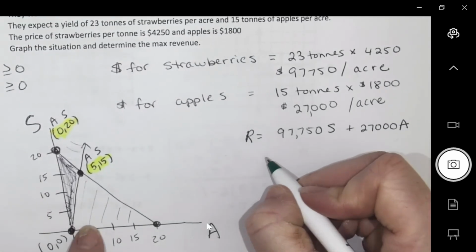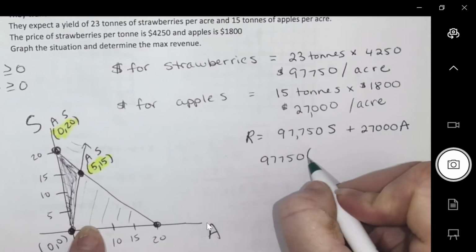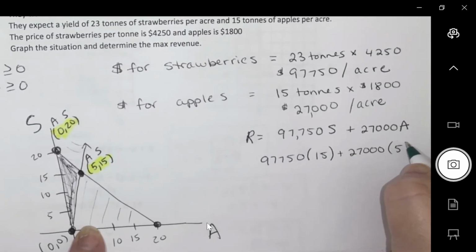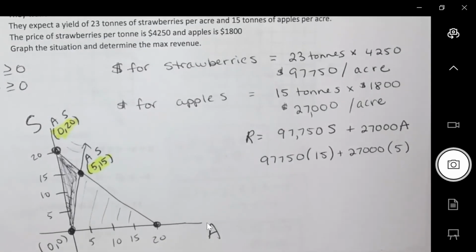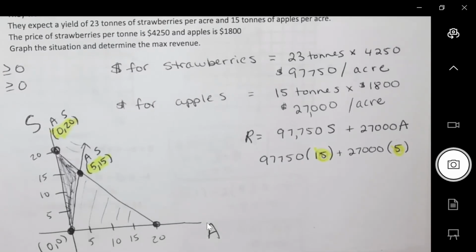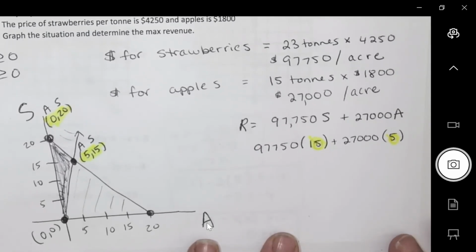Okay, so I'm going to plug it in. So I plugged the 5 and the 15 into their spots. Well, let's see how much money that comes out to be.